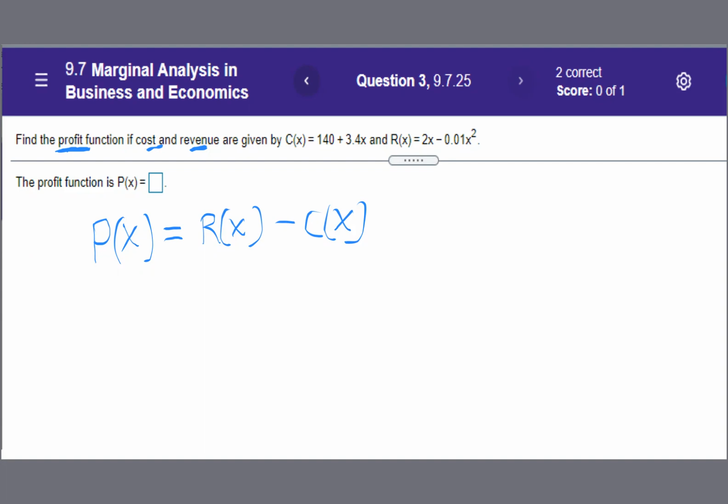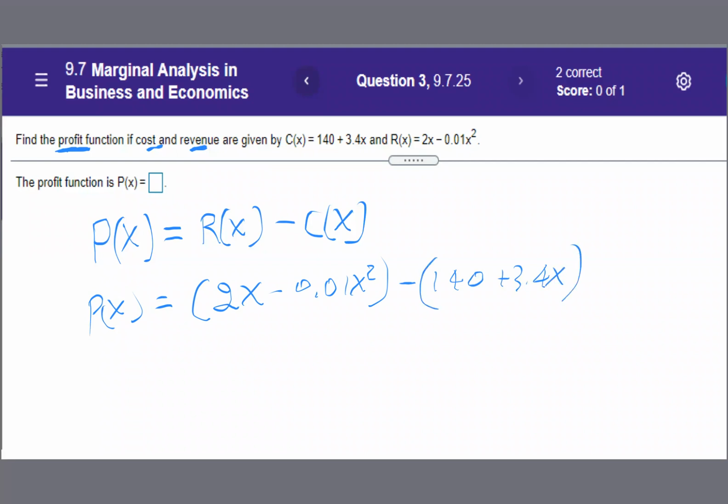So in our case, P of x is going to be 2x minus 0.01x squared minus 140 plus 3.4x. Make sure you put the revenue function and the cost function in parentheses. It's very important. This first one is R of x, and the second one is C of x.